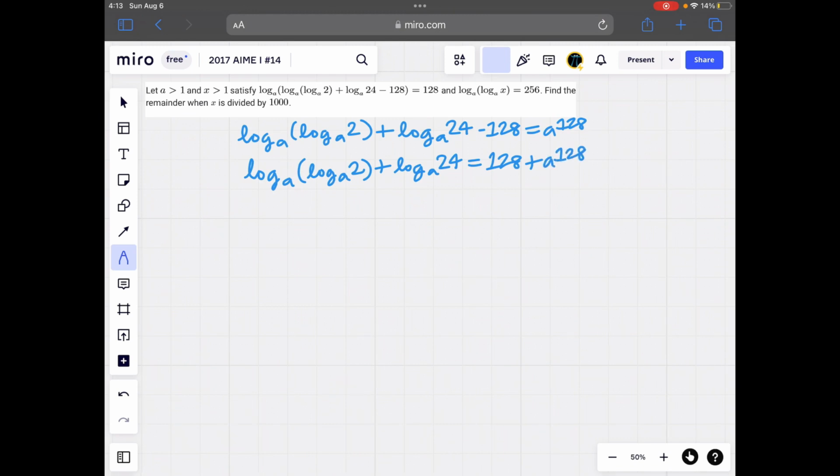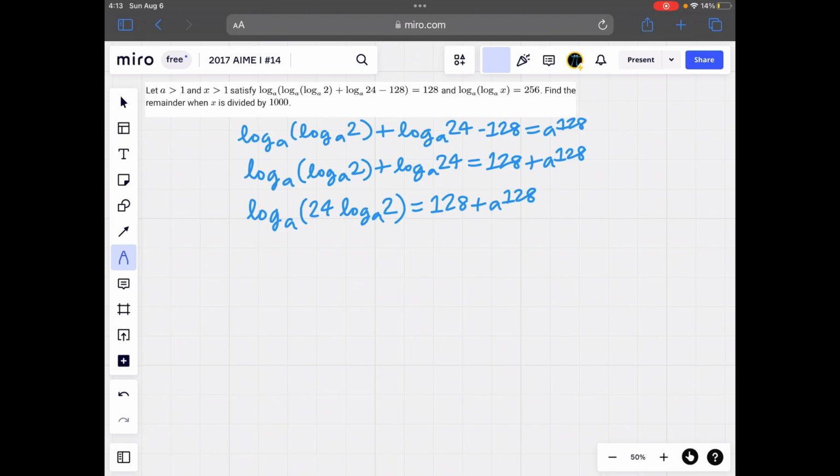Now we can combine the log a2 and 24 because log of m plus log n equals log of m times n, no matter what base this log is written in. So we can do log a of 24 log a2 equals 128 plus a to the 128.